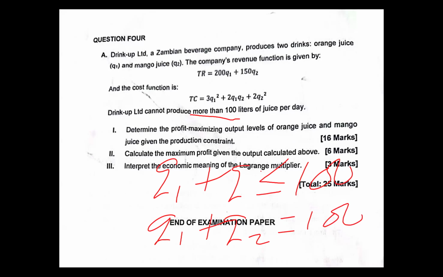Then you can easily set up a Lagrange, because this is constraint optimization. Because of the constraint you have been given, there are these limitations. You introduce the Lagrange and then you'll be fine.